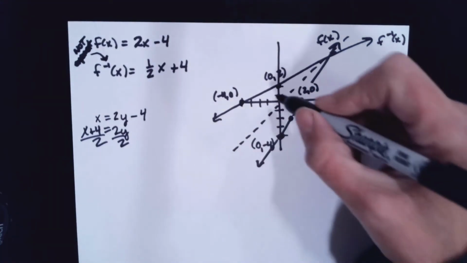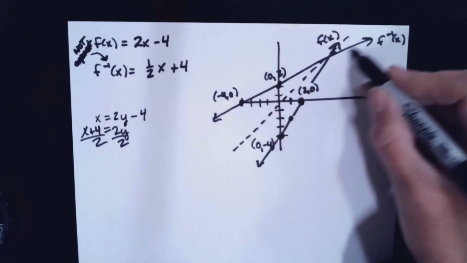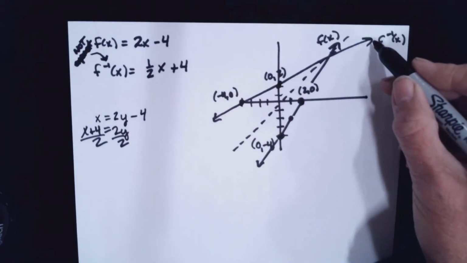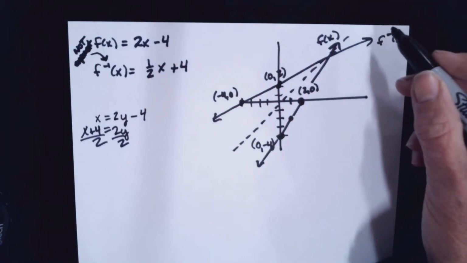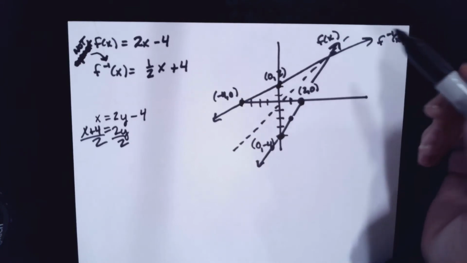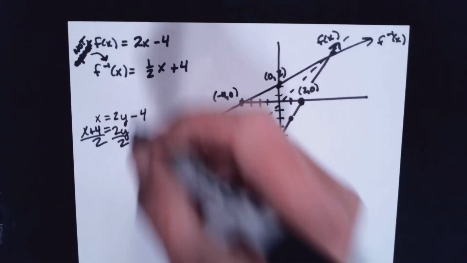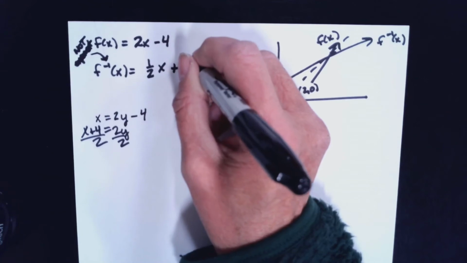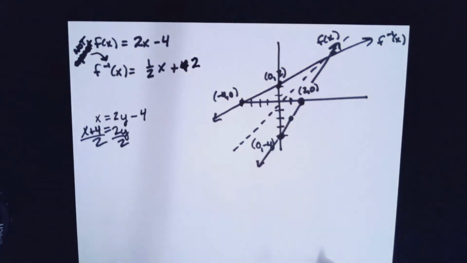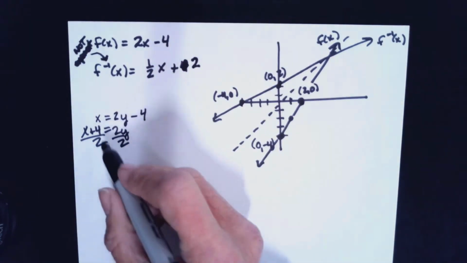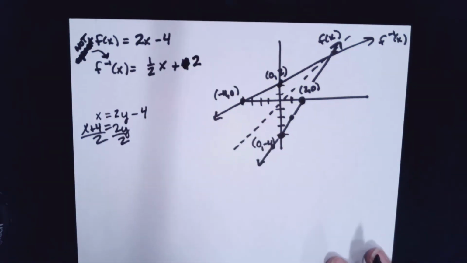Instead of 2, 0, this will be 0, 2. But that'll also be that equation y equals 1/2 x plus, whoops, how about plus 2? Get the equation right there. 4 over 2, so y equals 1/2 x plus 2.